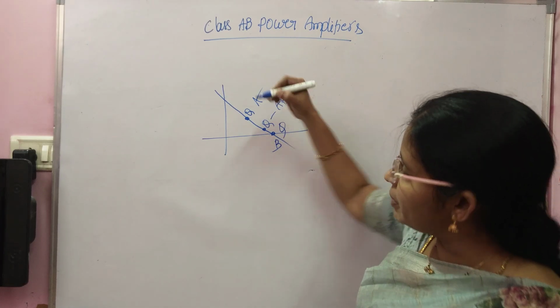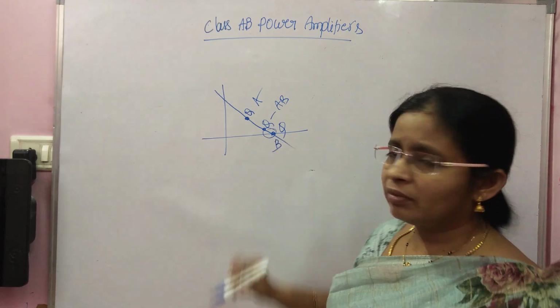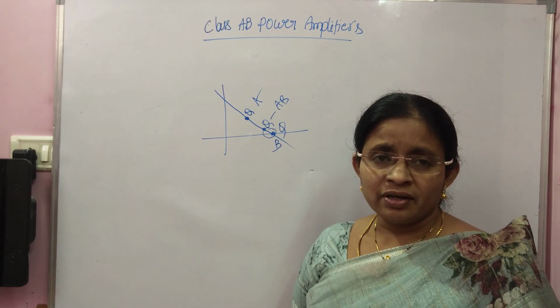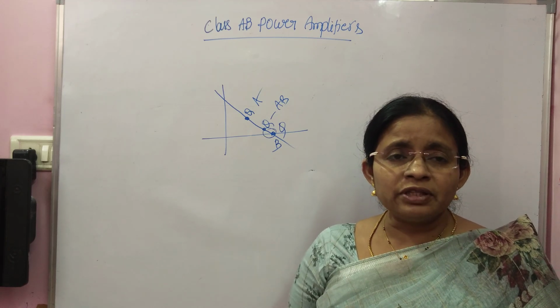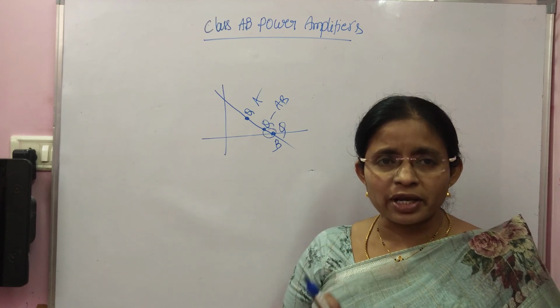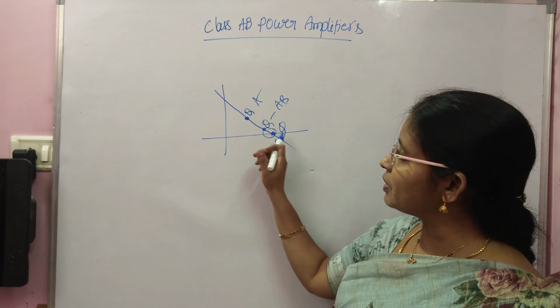This is AB. What is that small shift? That small shift is due to the application of that small 0.6 volts or 0.7 volts external voltage. So that is the reason for this shift.